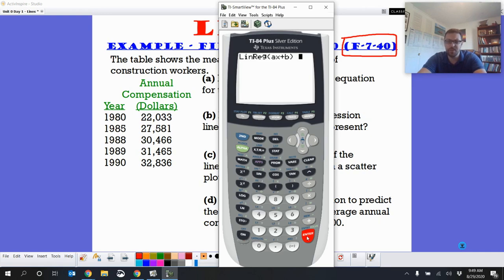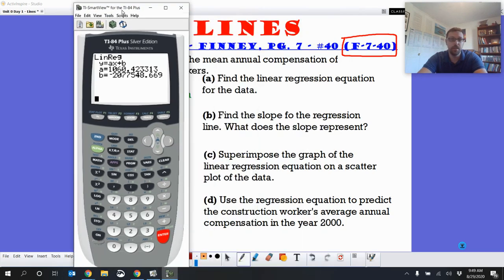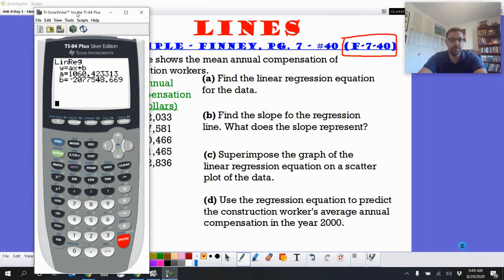Some calculators will ask you which list you want to use. It's L1 and L2. But boom, there we go. There's our linear regression. So that's not going to disappear on me. Our a is our slope.